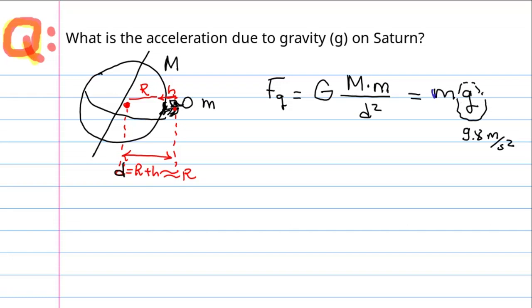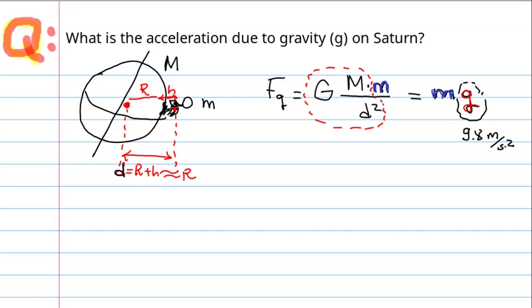So this m, and what we see as lowercase g, is typically the remaining part of the universal law. This remaining part, universal constant big G times the mass of the planet over distance squared, is actually calculated for our planet as lowercase g, 9.8 meters per second squared.